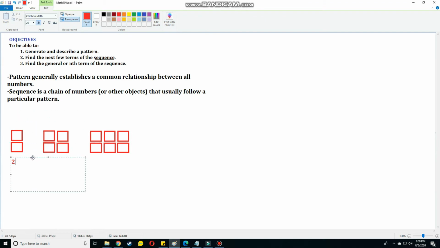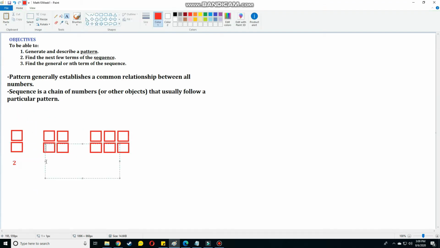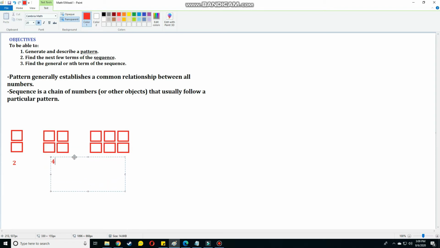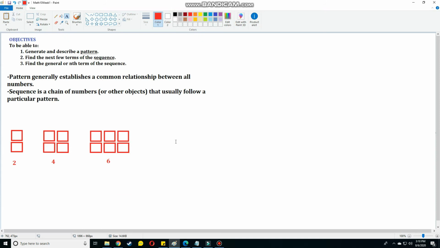There are 2 boxes, then we add 2 and there are 4 boxes, then we add another 2 and there are 6 boxes. That observation, that they are boxes and in every picture there are 2 additional boxes, is the common relationship of the objects that we just observed, and that is a pattern.